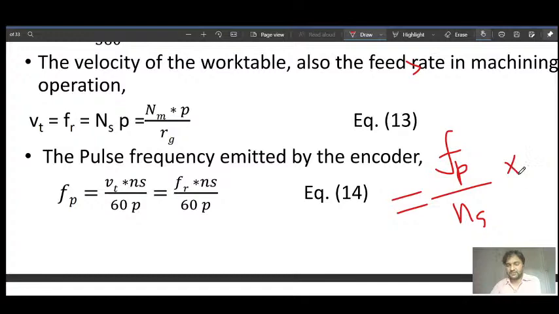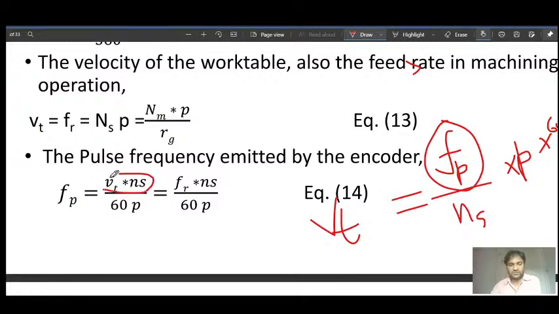If you multiply the rotation per second by the P value, you get linear movement per second, and multiplying by 60 gives your velocity. So we need to find Fp: Vt into NS divided by 60 P. We get this one.